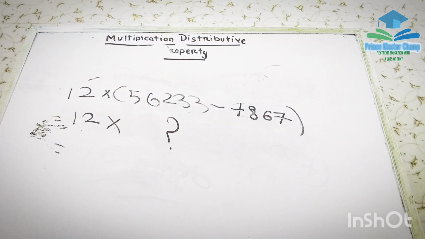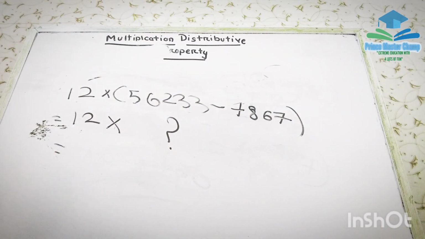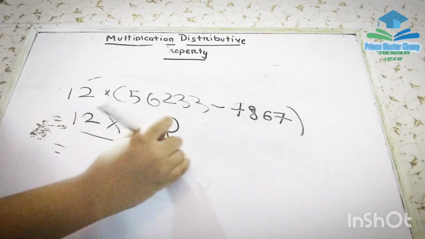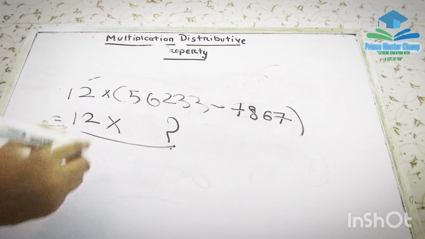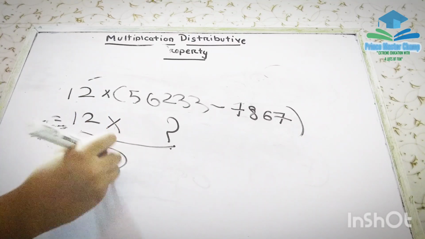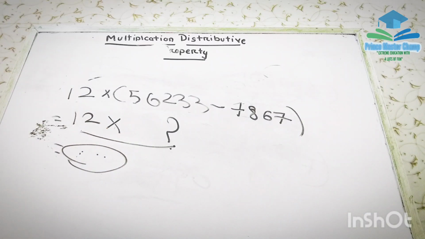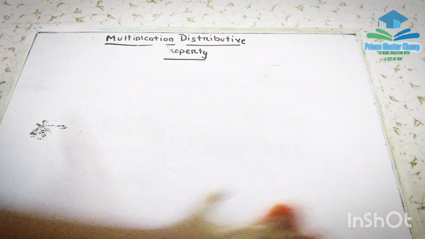Now we need to multiply the unknown number, or the difference, with 12, and we will get our answer. So you need to do this in case of subtraction.